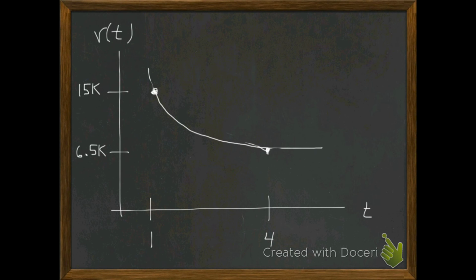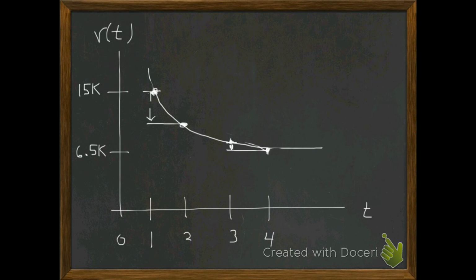So if you look at the loss from the first to the second year, you're going to have that much. However, the loss from the third year to the fourth year, not so much. So again, that's the classic shape, form, characteristic of an exponential function.